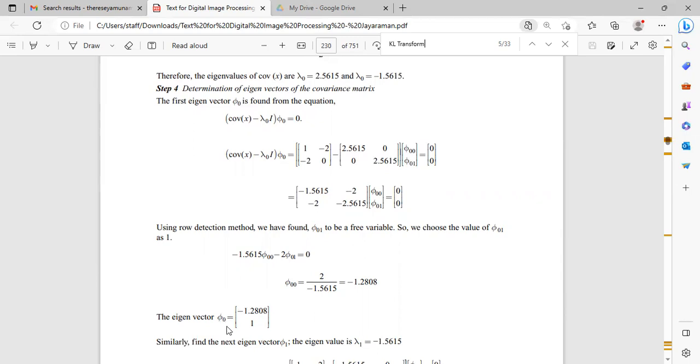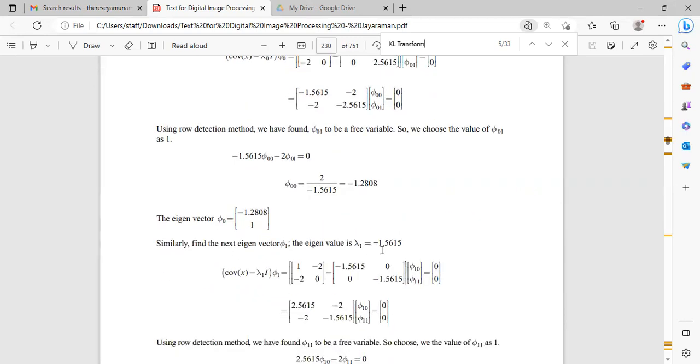Now we have found out phi naught. Phi naught will be the eigenvector in the direction of lambda naught. Similarly, you have one more eigenvalue, lambda 1. So the value of lambda 1 is minus 1.5615. So the eigenvector in the direction of lambda 1 will be phi 1.